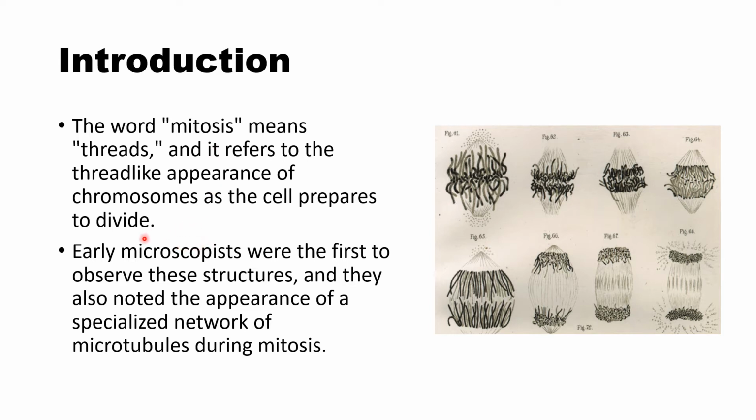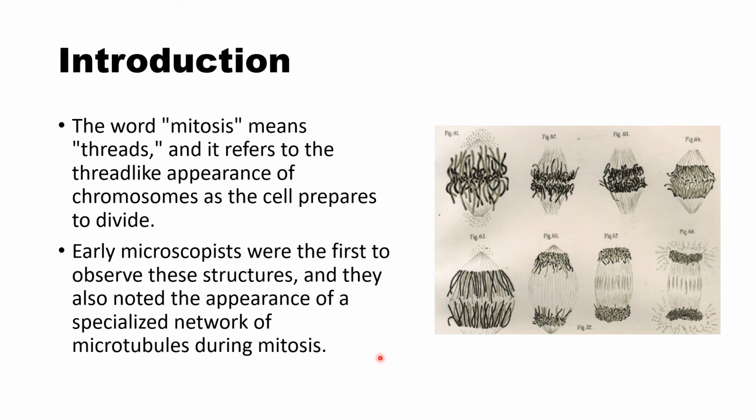So, in the early stages of their study, yung mga microscopists, they were the first to observe these structures, and they also noted the appearance of a specialized network of microtubules during mitosis.